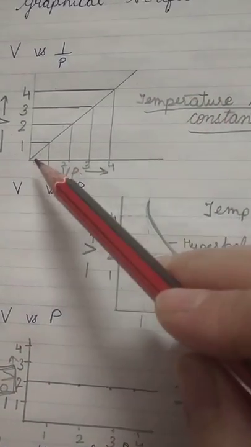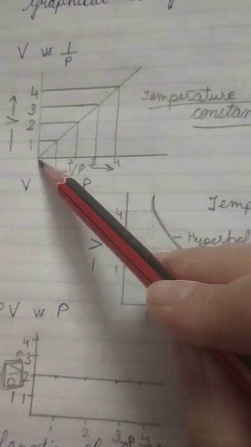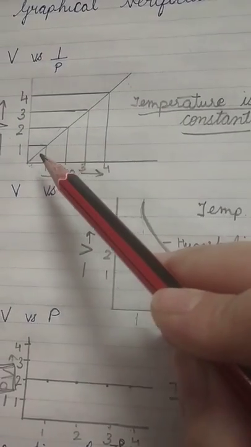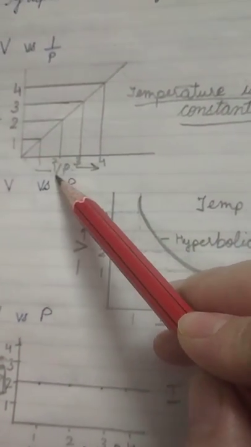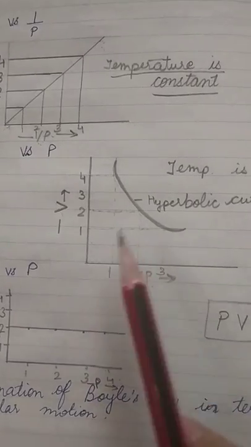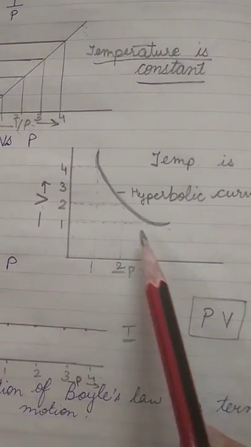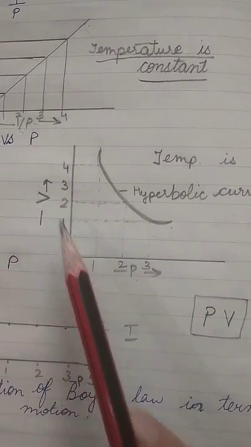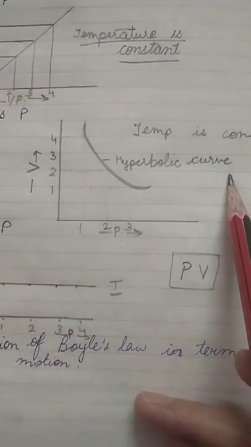Keeping the temperature constant, we get a straight line which comes out from the origin, because they are inversely proportional to each other. Now if we see volume versus pressure, we will get a hyperbolic curve, because as the pressure is increasing, the volume will be decreasing, since they are inversely proportional.